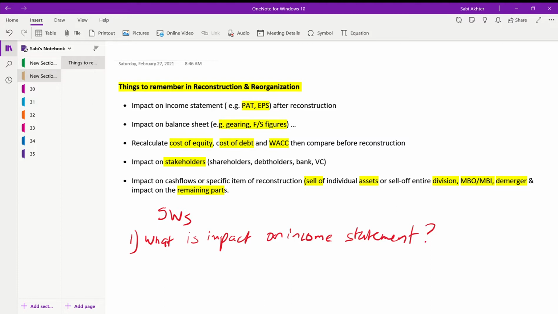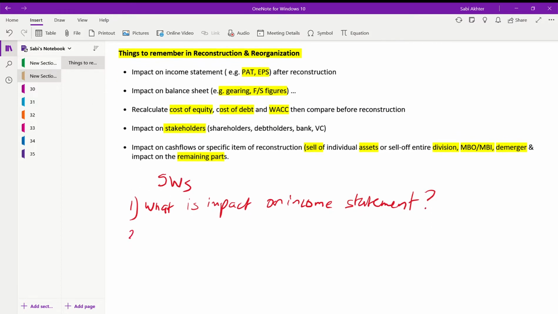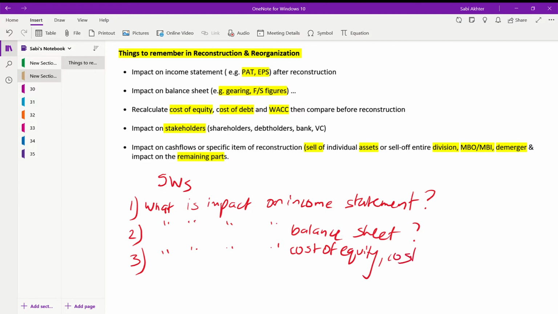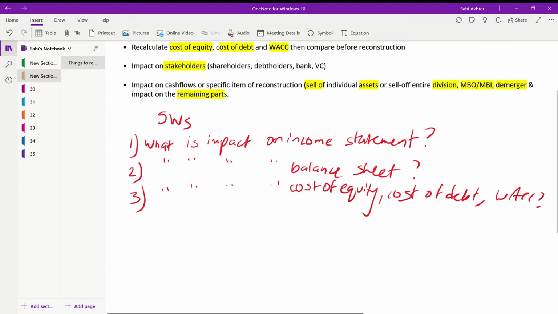Sorry, don't mind my handwriting. I know it's bad, but you write it neatly so that you can understand. Second question, what is the impact on the balance sheet? Number 3, what is the impact on cost of equity, cost of debt, and WACC after reconstruction, of course.